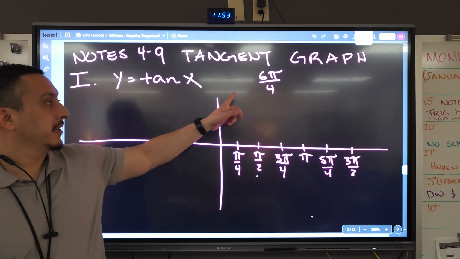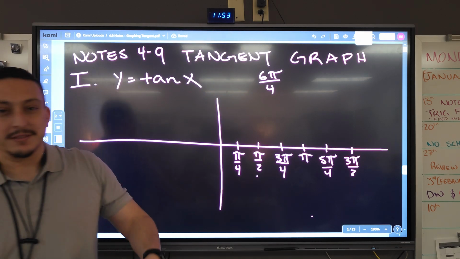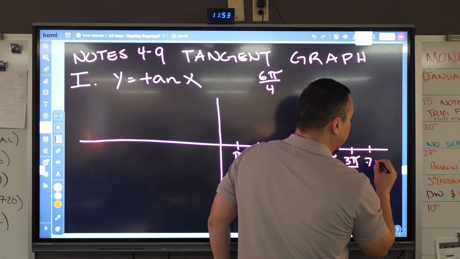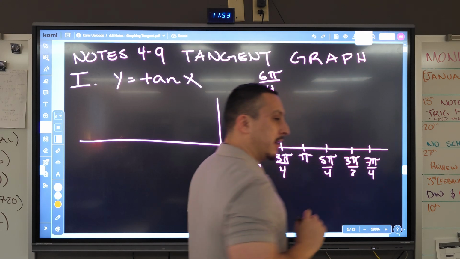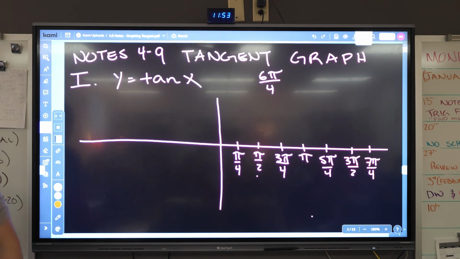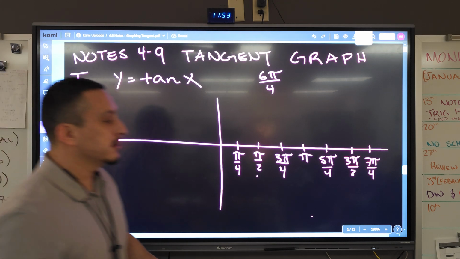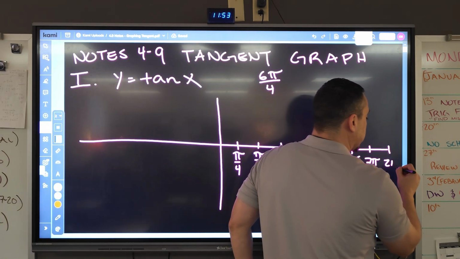Then 7 pi over 4, and then 8/4, so 2 pi, our whole way around the circle.